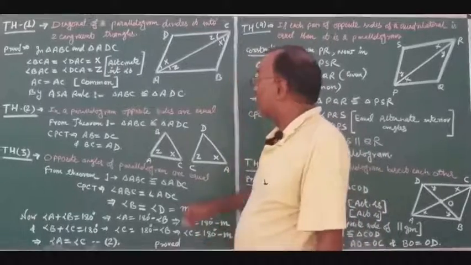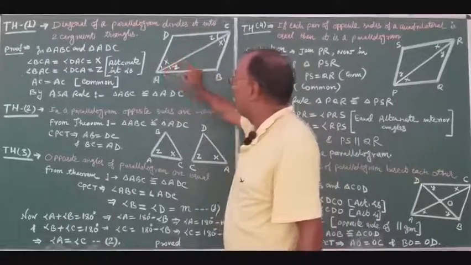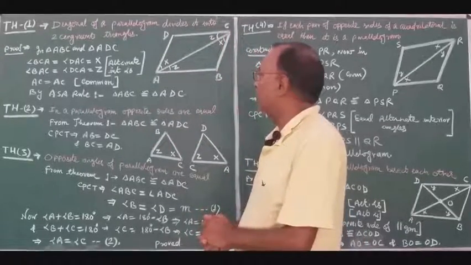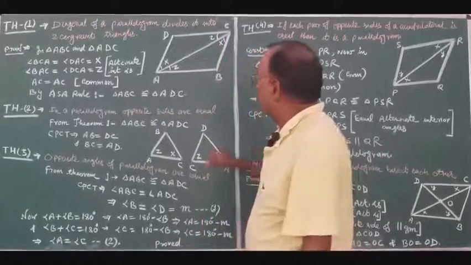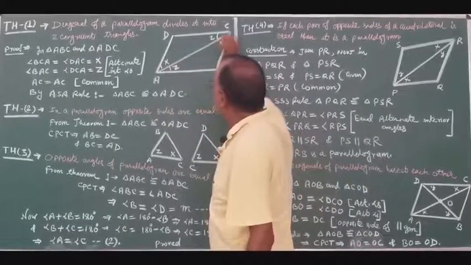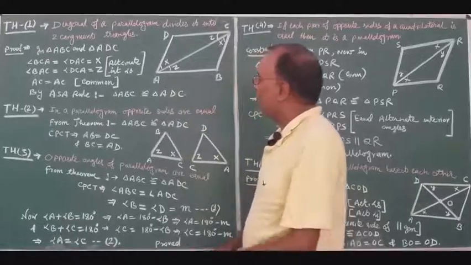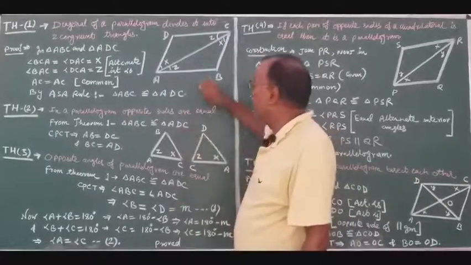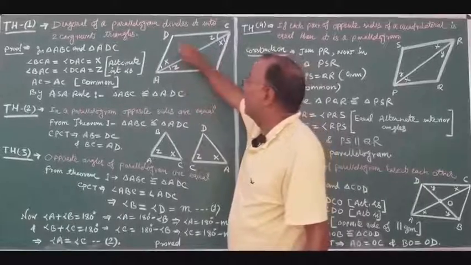Just look here. Suppose this is a parallelogram ABCD, and this is one of the diagonals, AC. Now we have two triangles, triangle ABC and triangle ADC.